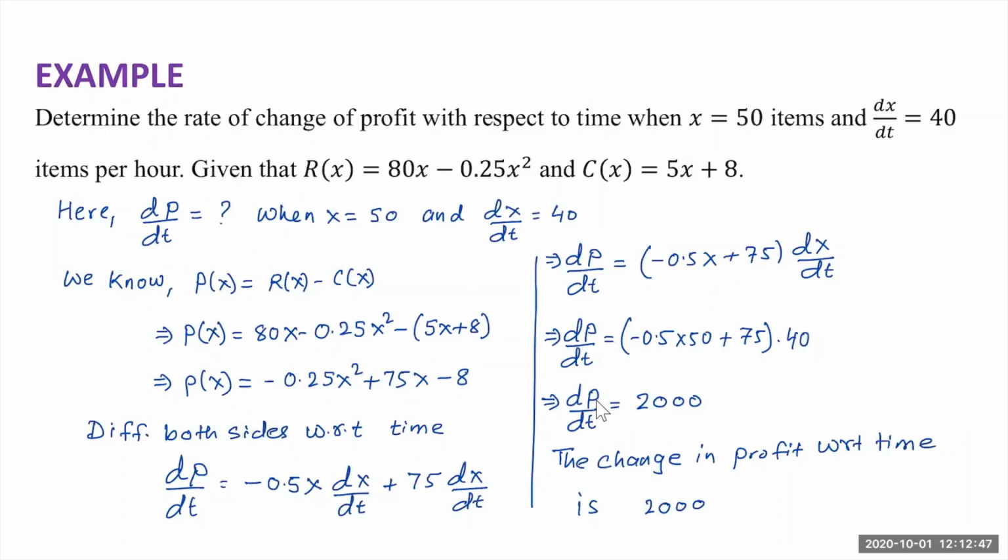So profit is counted in terms of dollars. With respect to time, so dollars per, the unit of time given here is hour. So the profit is changing at $2000 per hour. It's positive, meaning profit is increasing at the rate of $2000 every single hour.